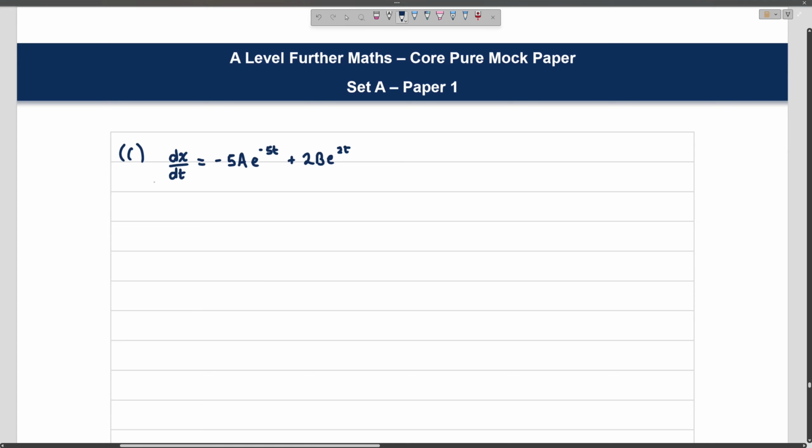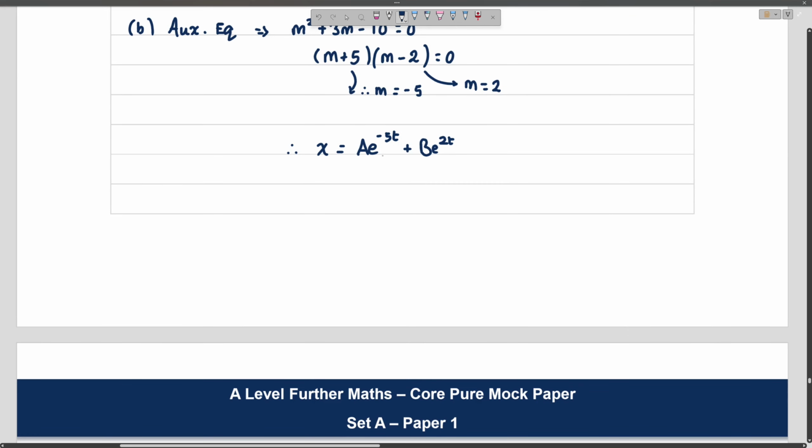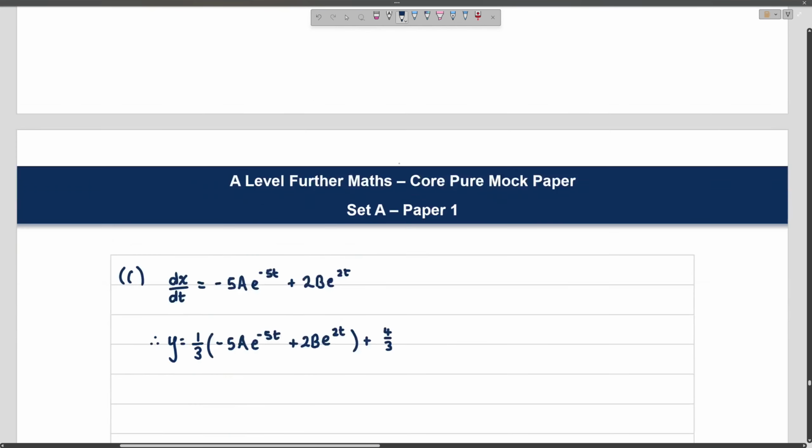Okay, so therefore then, substituting this into equation 3, y is equal to, so we get 1 over 3 times by minus 5a e to the minus 5t plus 2b e to the 2t, like so, plus 4 over 3 then, times by x here, where x then is ae to the minus 5t plus be to the 2t.